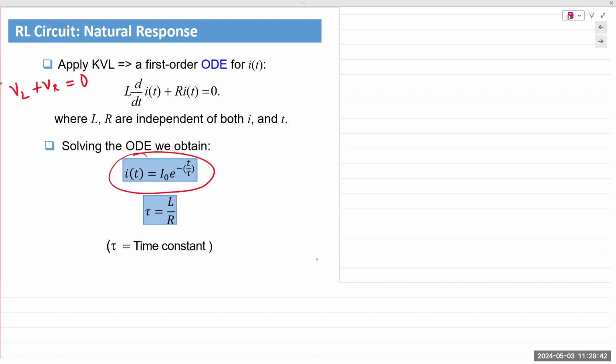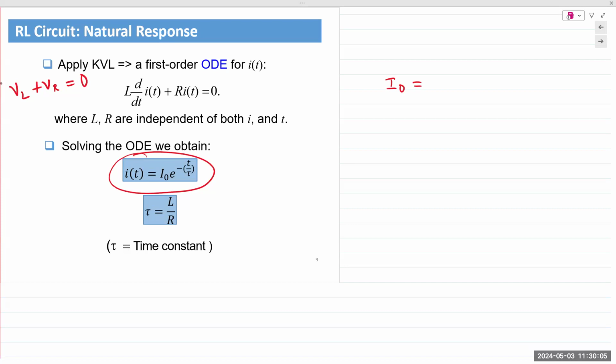Okay, I0 times e raised to minus t over tau. Let's break down this equation. I of t means the inductor current at any given point in time, as a function of time, right? I0 is the current in that inductor at the beginning point of your analysis.